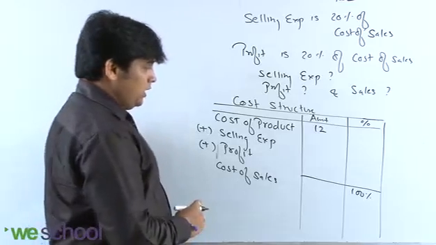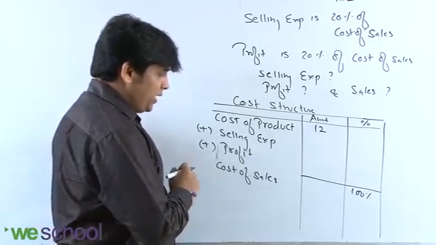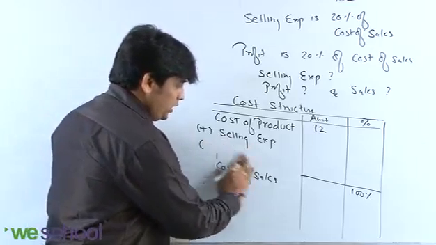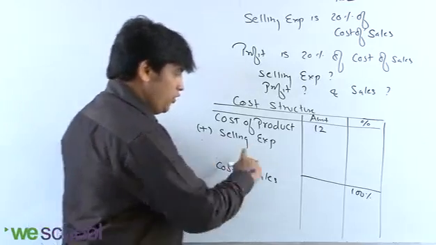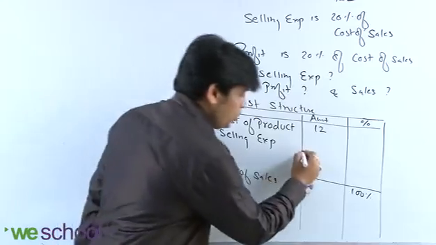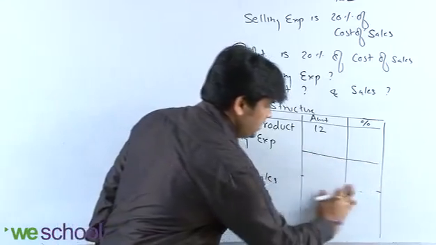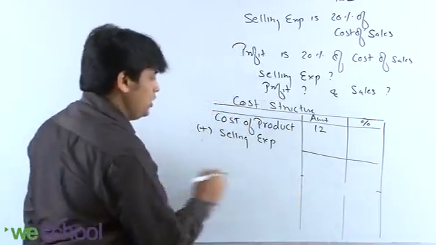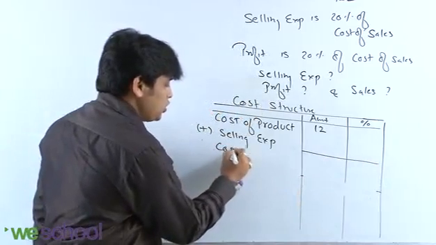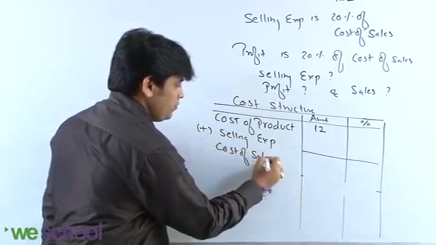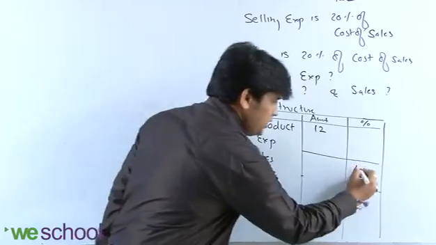So I have to make small changes, because here I have to take the profit down. Instead of adding here, I will take the profit down. Let us change the cost structure, since it is calculated on cost of sales. So cost of sales is 100%.